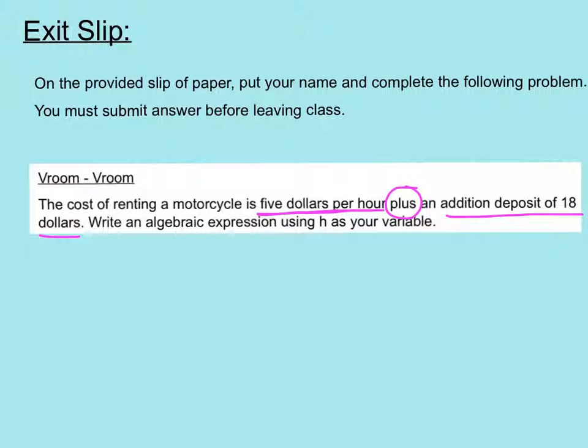And we didn't make that an expression. So hours, do we know how many hours we're renting it for? No. And so we're going to say hour is going to be our variable, and we'll call it X.